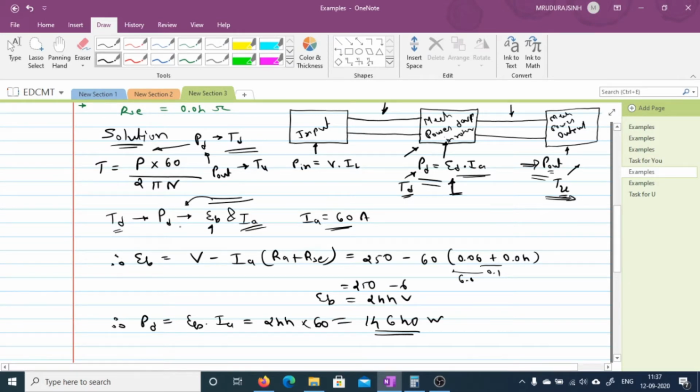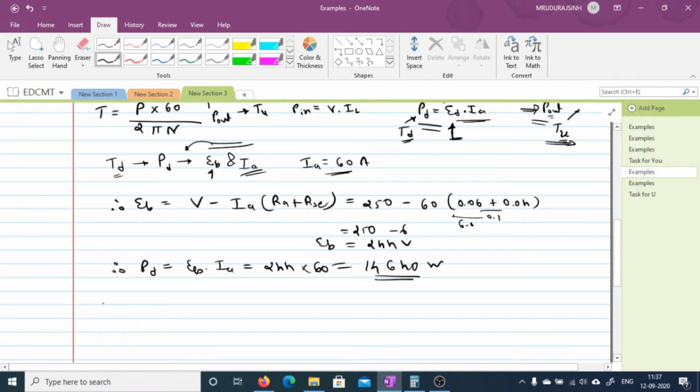So if we place this P_D into this equation, we'll get developed torque T_D is equal to P_D into 60 divided by 2 pi n. Developed power is 14640 multiplied by 60 divided by 2 into pi into speed.